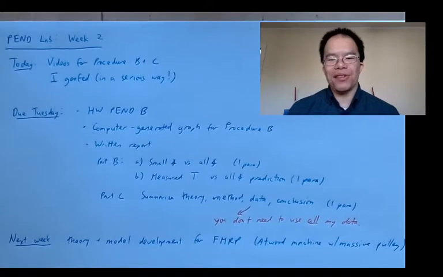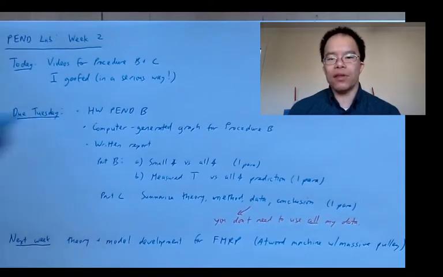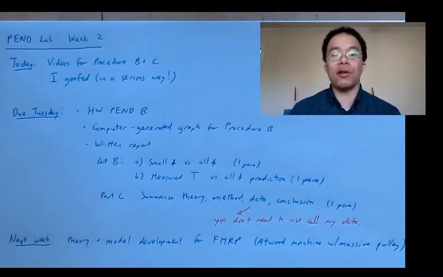Okay. So, due Tuesday for next week, there's three main things. There's the homework for Pendulum Part B. So there's a couple of homework questions in the homework manual. I also want you to generate a graph for procedure Part B. This time, please use a computer program like Excel to generate your graph.